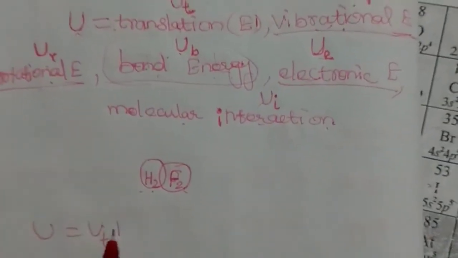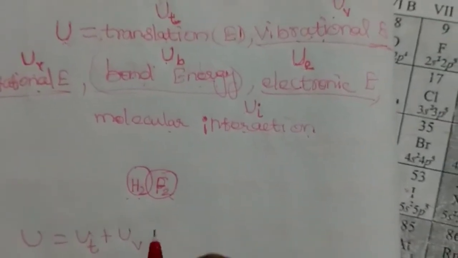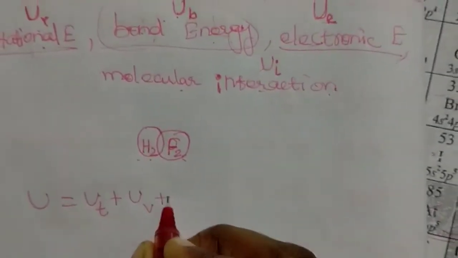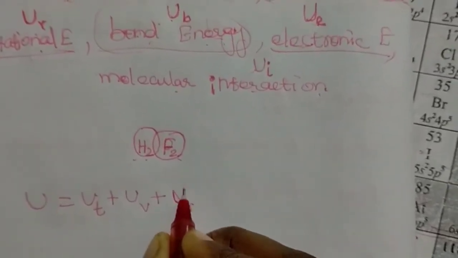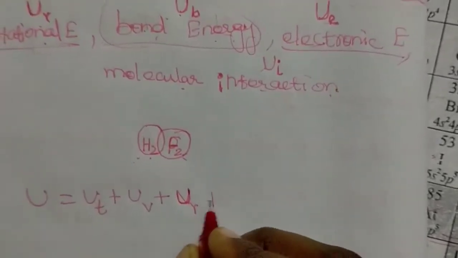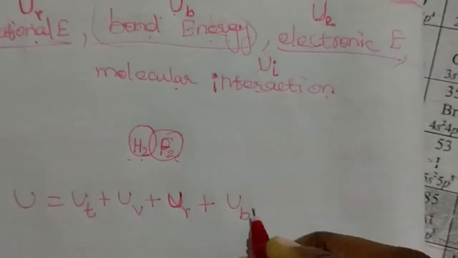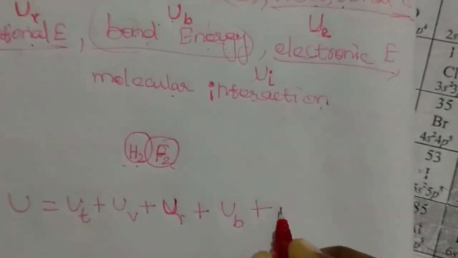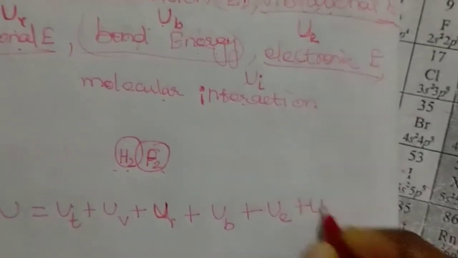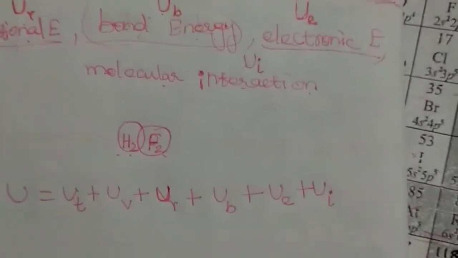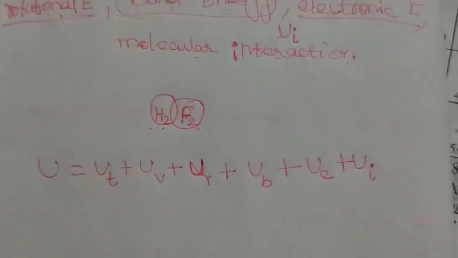UT is translational energy, UV means vibrational energy, UR rotational energy, UB bond energy, UE electronic energy, and UI molecular interaction energy.